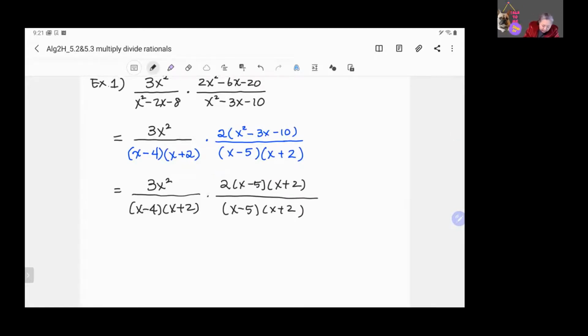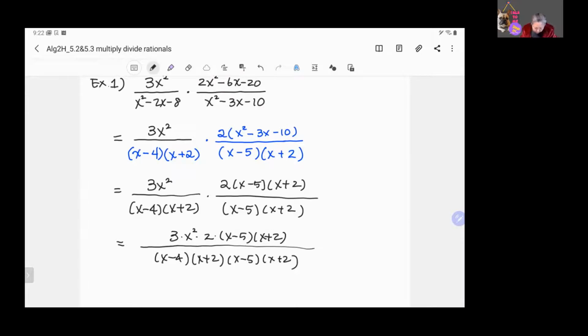And this is a multiplication, so technically we can consider it all together like this: 3 times x squared times 2 times x minus 5 and then x plus 2, over x minus 4 and x plus 2 and x minus 5 and x plus 2. Now the way that we recognize it is here. I see x plus 2 there, right?